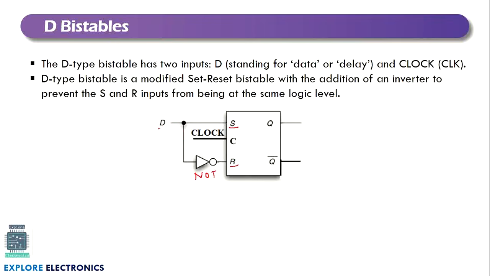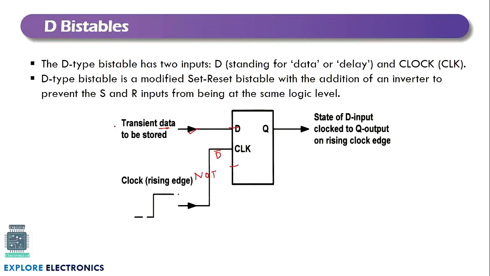You can observe D is a single input given to S, and the complementary version of that, D bar, is given to R. What happens when we connect the SR bistable like this? And also here we are introducing a clock signal. We can use a clock signal in SR bistable also, but here we are treating the clock signal, and we'll see how this bistable is going to work according to the clock.